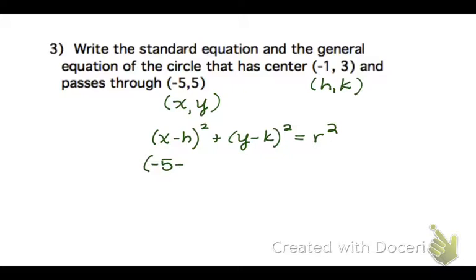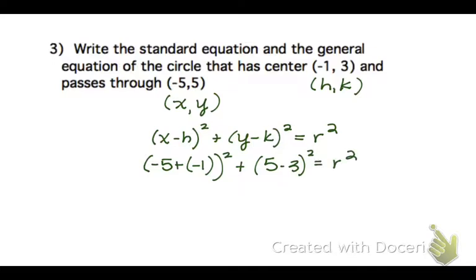We want to make sure that we see that the negative belongs to the general equation of the circle. So because we're subtracting that negative 1, that is going to change to a positive. So we want to be careful with that when working with our equations. And this is going to let us solve for the radius.